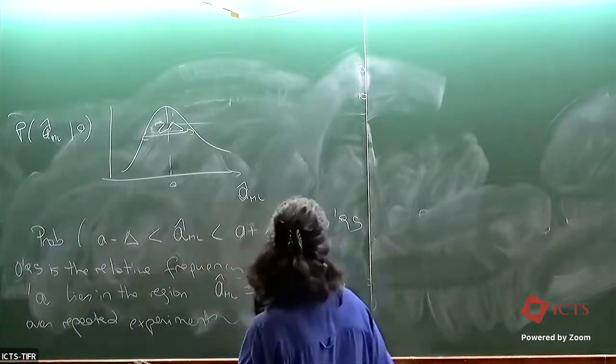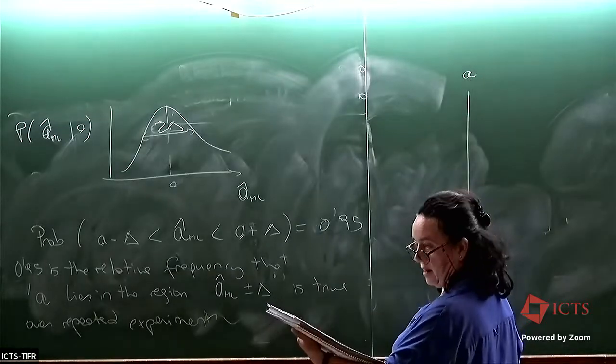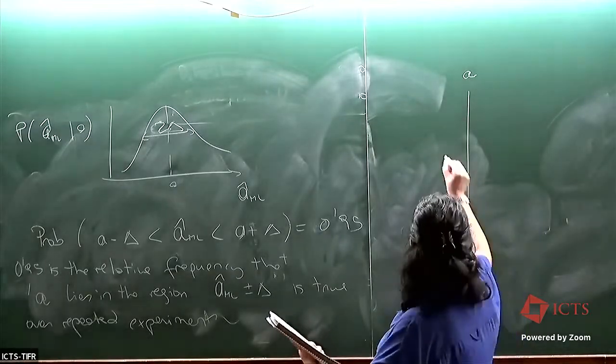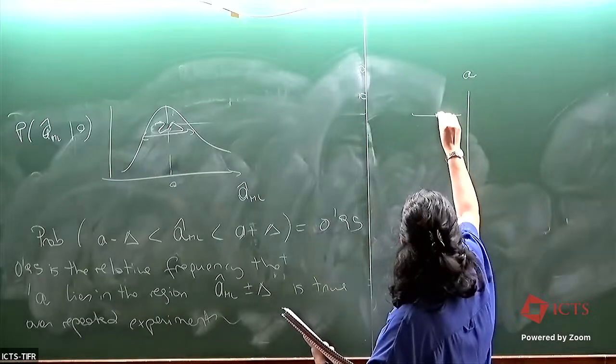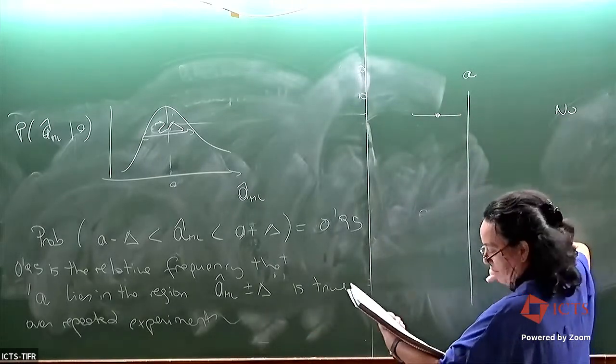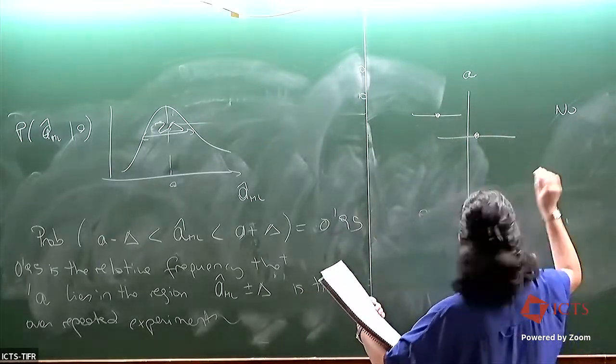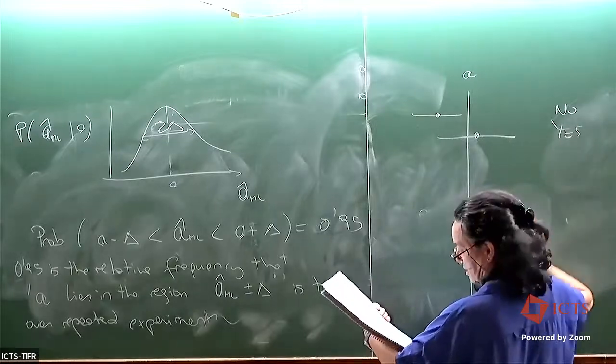So basically, if this is my value of A, then it could be that I repeat the experiment and it gives me sometimes this. So it tells me, no, I did not grab it in the proper interval. Then say another experiment, it repeats this, and then, oh yes, now it got through.